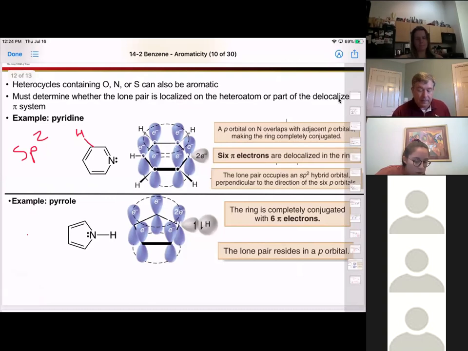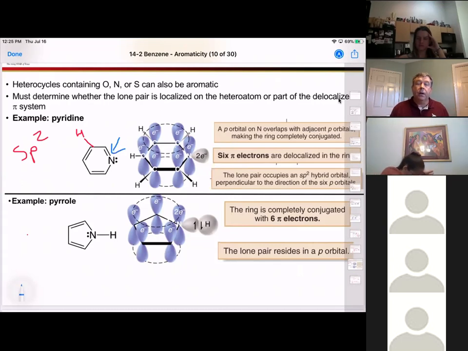And in the case of pyridine here, because there's a double bond between the nitrogen and the carbon, that double bond is always a pi bond, right? Pi bonds are only made from p orbitals. So because there's a double bond to nitrogen here, we know there's a p orbital there, and the electrons making that double bond are in the p orbital.